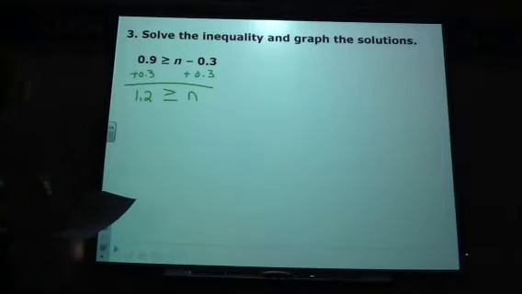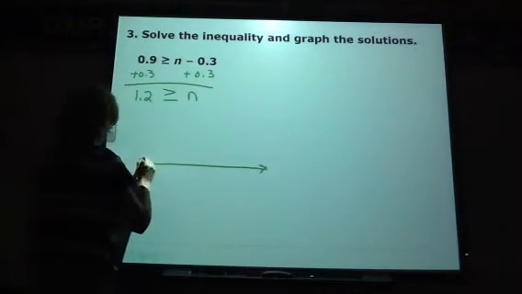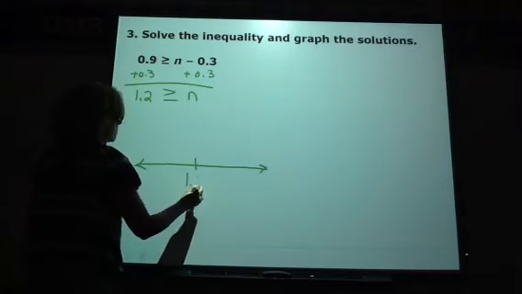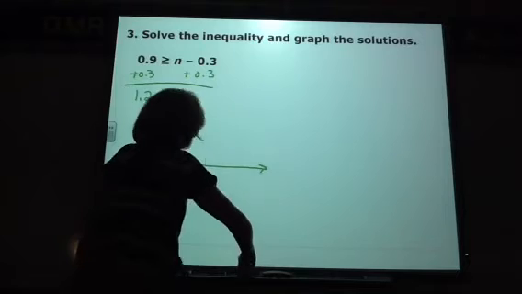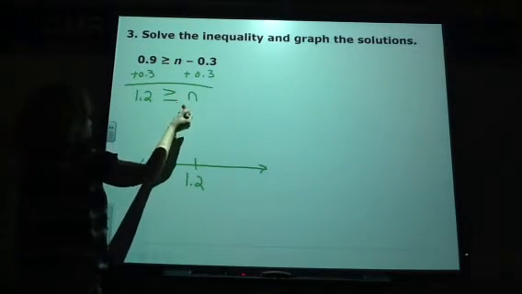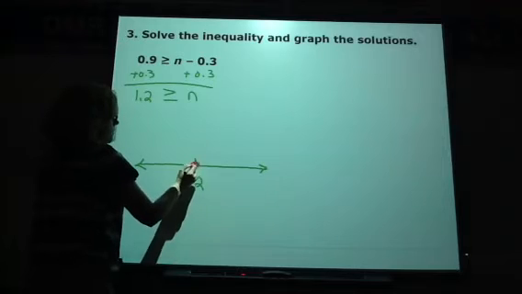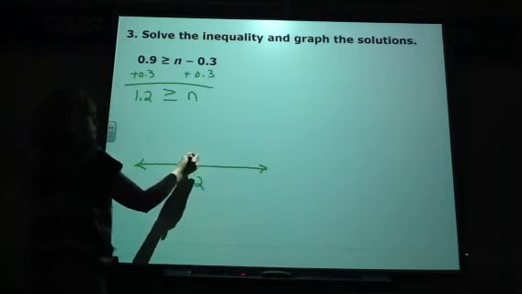Okay. When we graph that, are we going to include 1 2/10 in our solution set? We are, because this says 1 2/10 is greater than or equal to n.